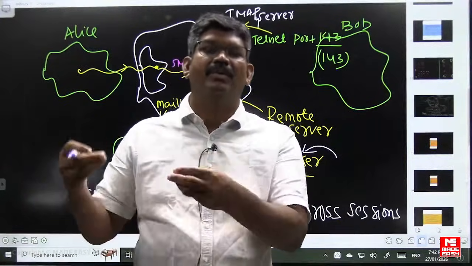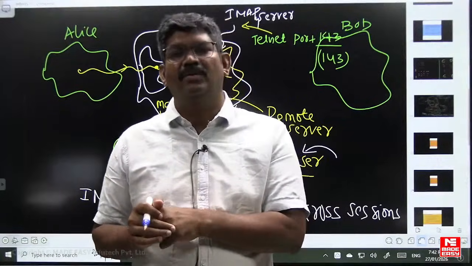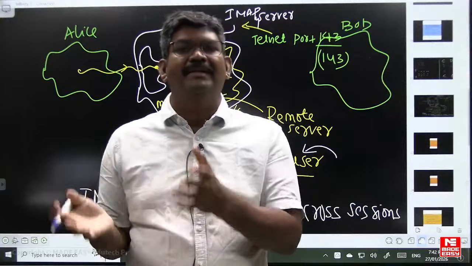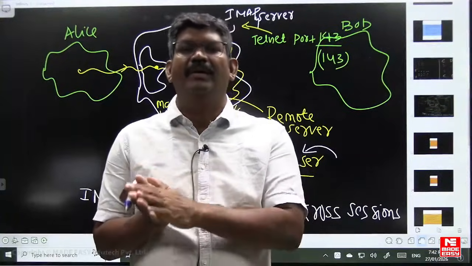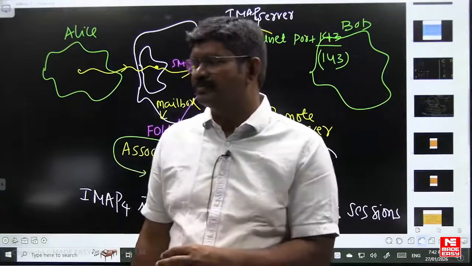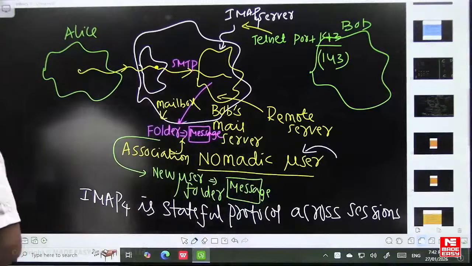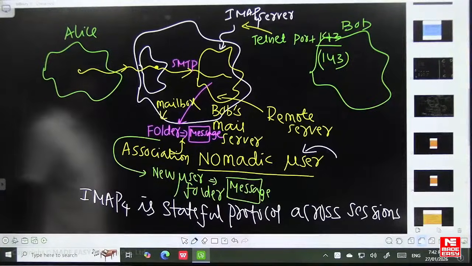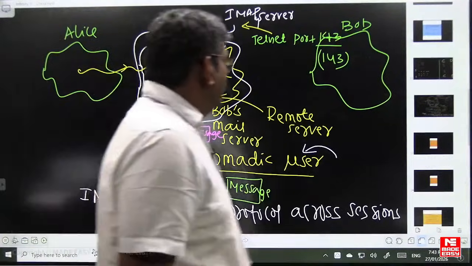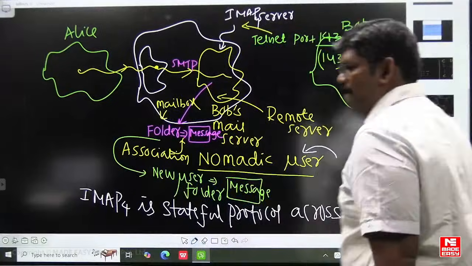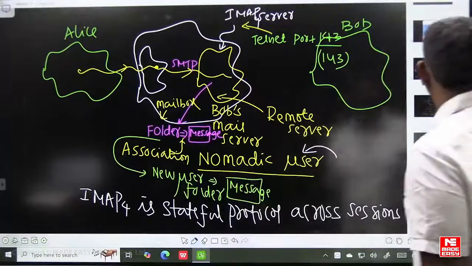Because the mails can be stored remotely at a remote server, you can also store them in folders. Not only that, there is an association for a folder as well as the mail. Okay, like that. Got it? Okay.